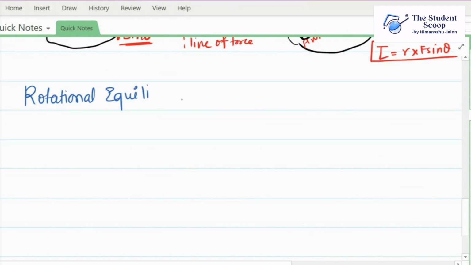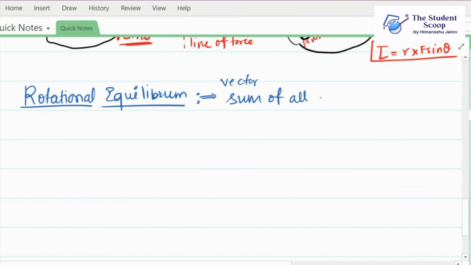In rotational equilibrium, the sum of all torques, or vector sum of all torque, is equal to 0. That is the equilibrium.